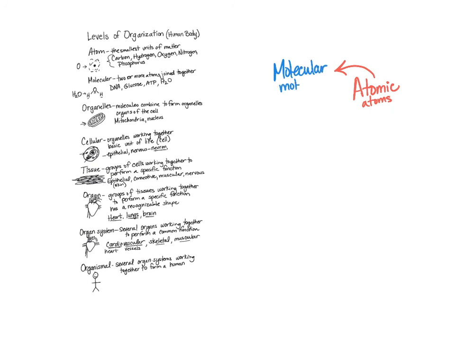So molecular or molecules. Then when we are going to put molecules together, then what we get are organelles. So some examples like mitochondria, nucleus. Then after our organelles, then we have several organelles working together. When they do that, we get to our cellular level, or cells.